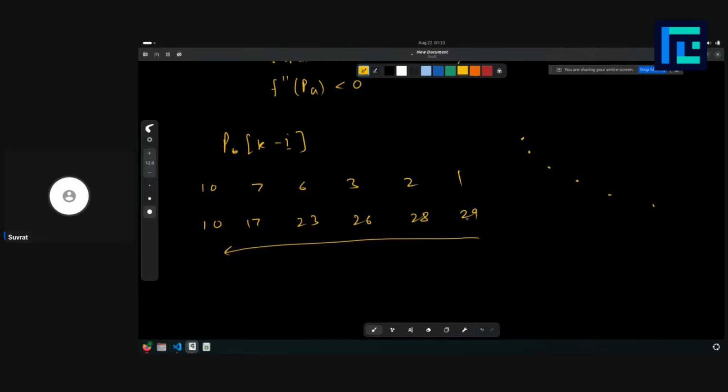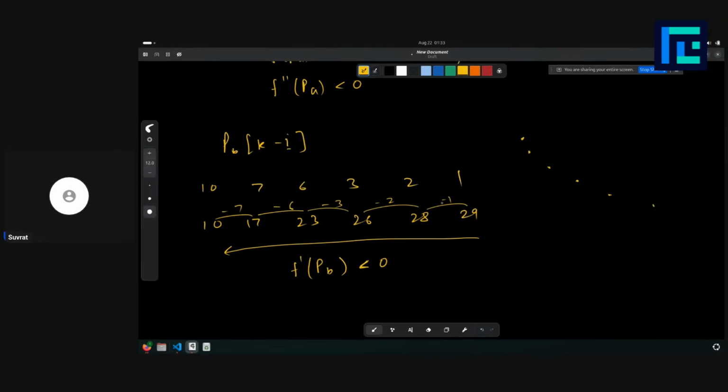So first of all, this function is decreasing, right? Minus 1, minus 2, then minus 3, then minus 6, and then minus 7. So this function is decreasing. So f dash of PB is negative.